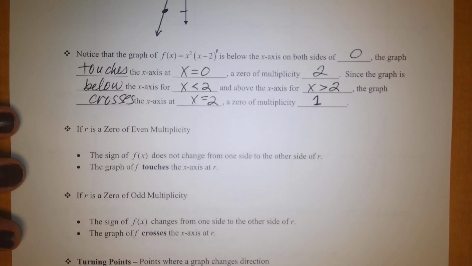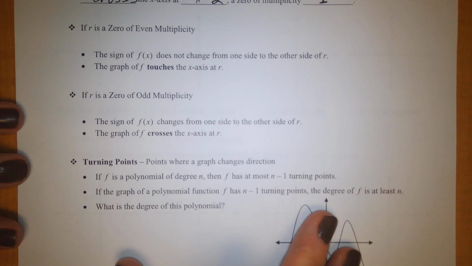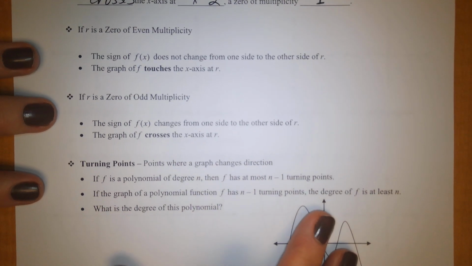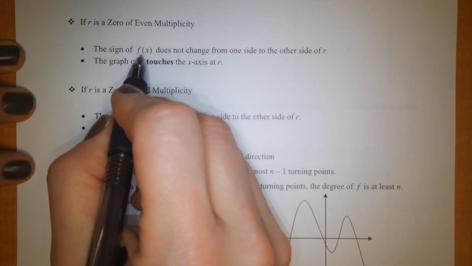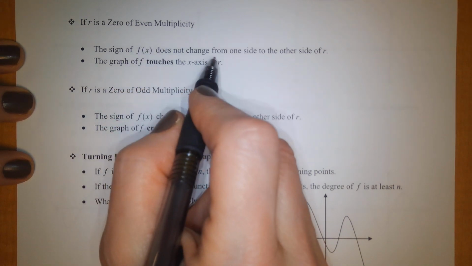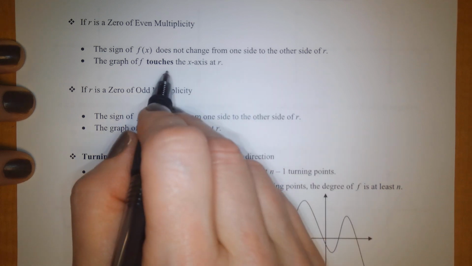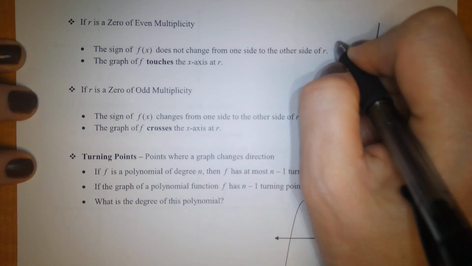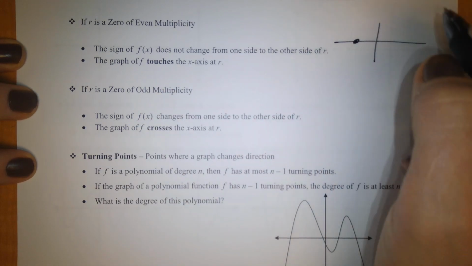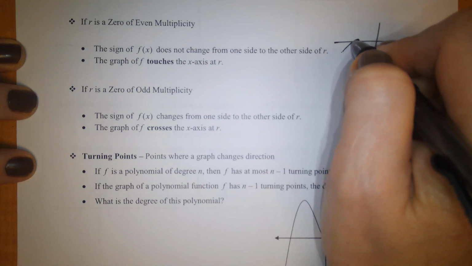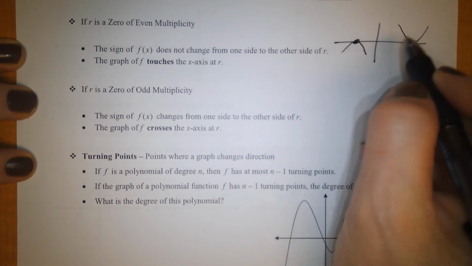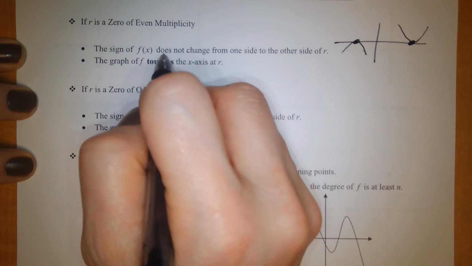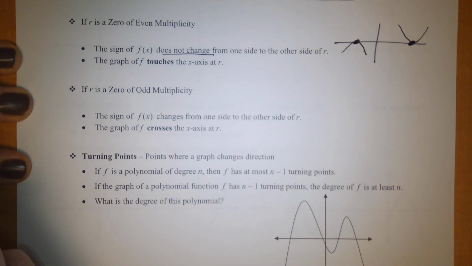So now is when we're going to talk about the multiplicities and what they mean to the graph. By definition, a 0 that has an even multiplicity, so a multiplicity of 2 or 4, 6, 8, 10, if the sign does not change from one side to the other, meaning the graph touches. So if I have a 0 over here, that means my graph is going to come up and touch and reverse direction. In other words, the sign is going to be negative to negative or positive to positive. The sign does not change from one side to the other of the intercept.